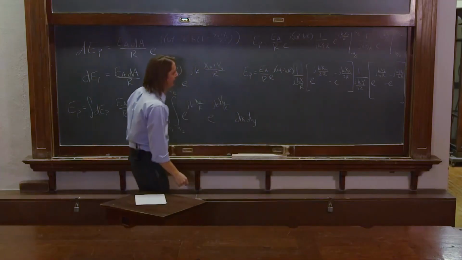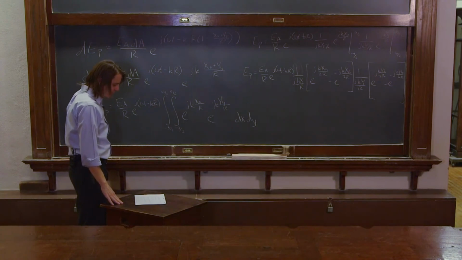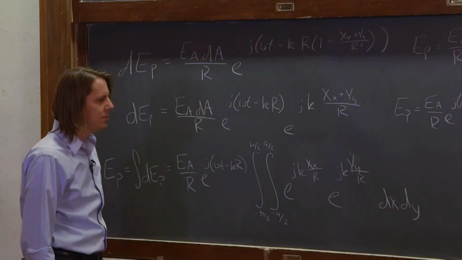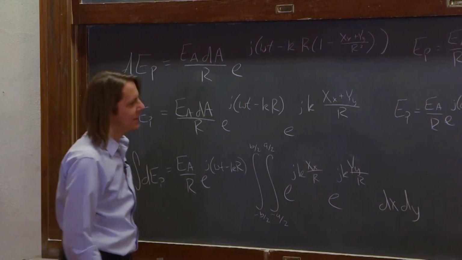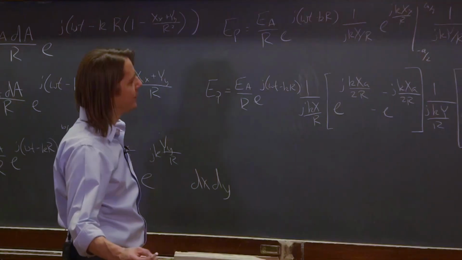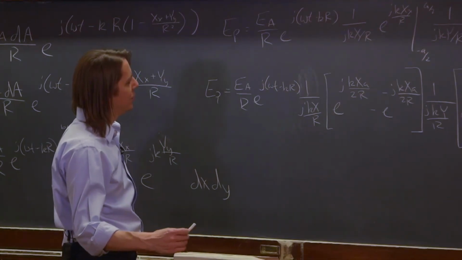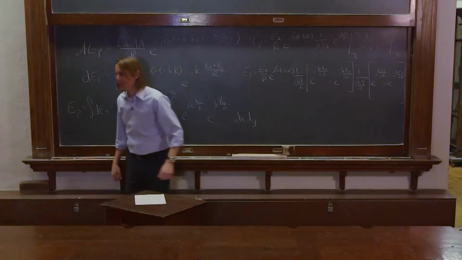Barely fit. Let's see, should we throw in the towel on this board? No, let's not yet. Let's throw in the towel on this board. Start in a minute on the next board.